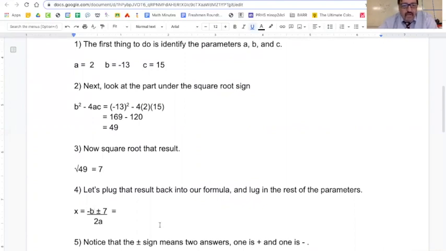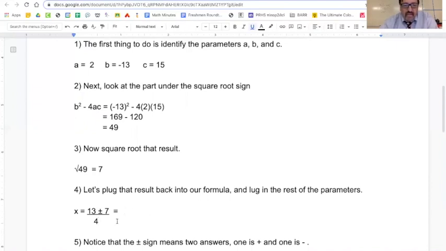So the negative of b is going to be the negative of negative 13, right? And the negative of a negative is just a positive. So that's 13 plus and minus 7. And then down here on the bottom, we've got 2 times a. So that's 2 times 2, because a is 2. And that just works out to be 4.